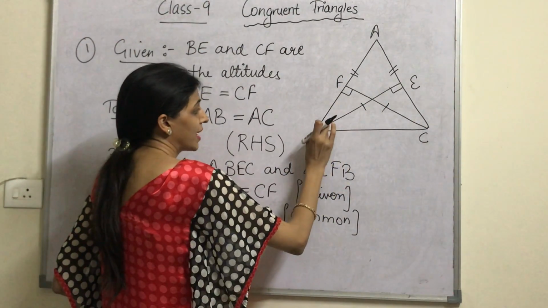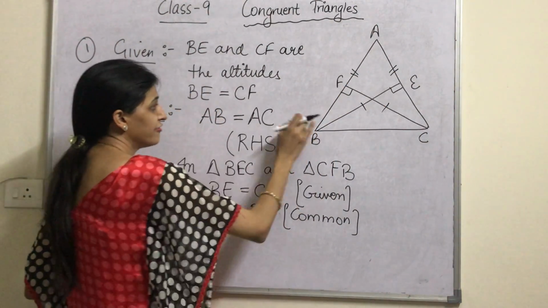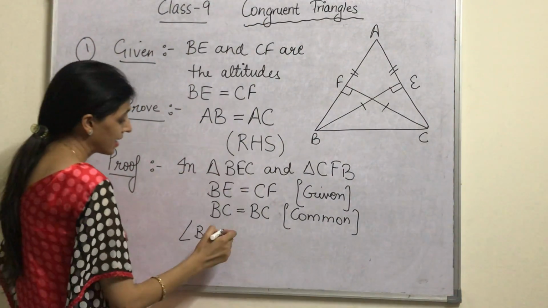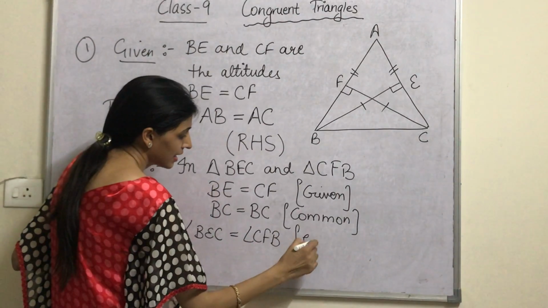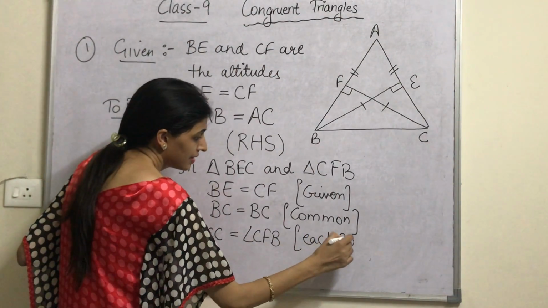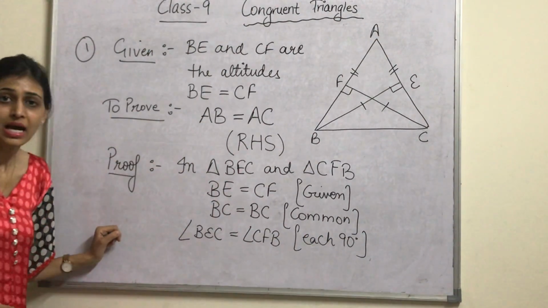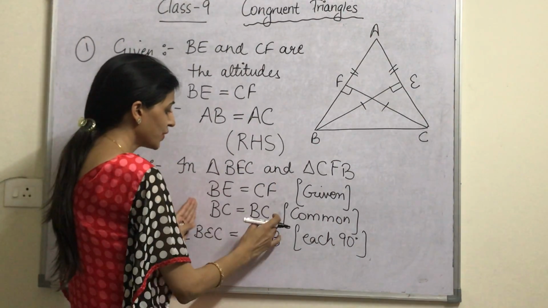We are taking these two triangles BEC and CFB, right? So angle BEC is equal to angle CFB, each 90 degrees. Now clear? These three things.